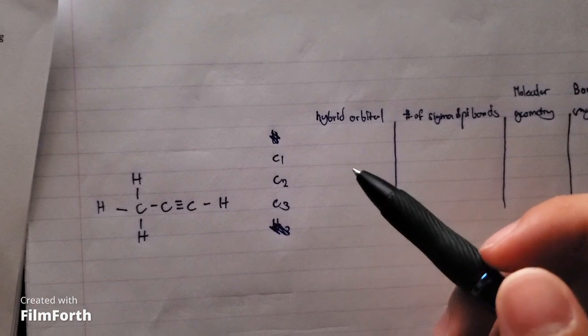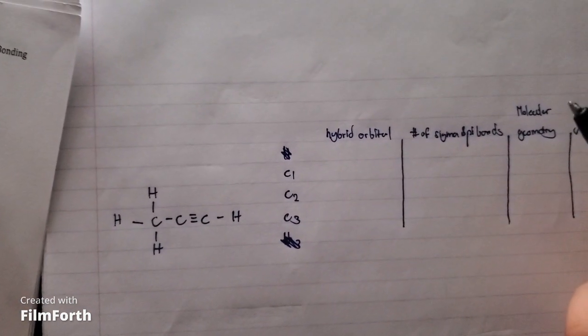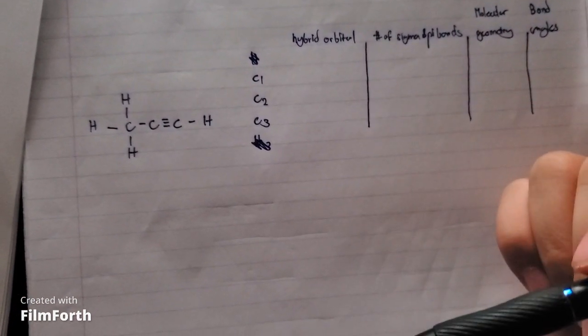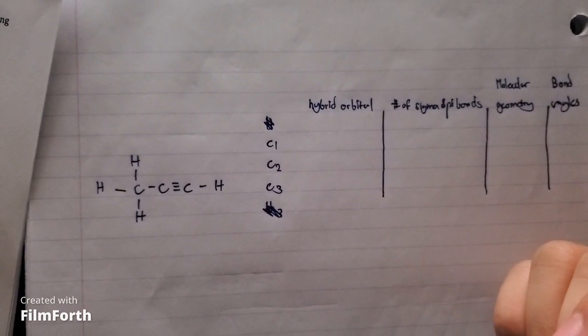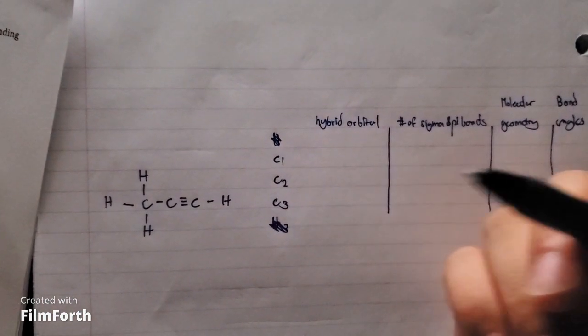For the hybrid orbital of the first one, remember that in order to find the hybrid orbital, you need to find the number of electron domains in each element.